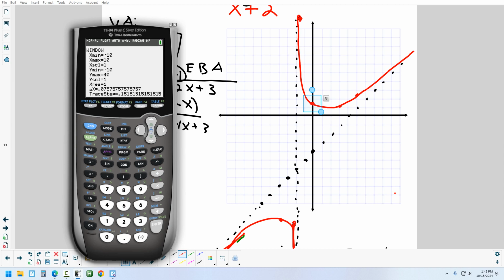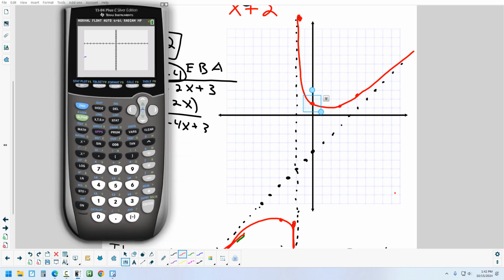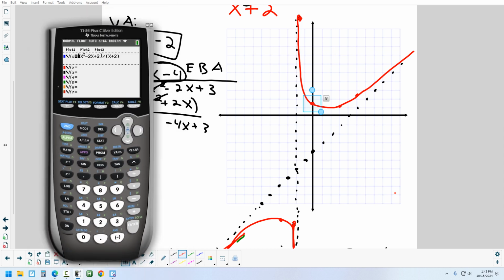If you go to your window and set your y min at like probably -30, and you could probably keep that at 15, I think you'll see an okay. Yep, so there's the bottom part, and then there's the top part. And if you type in the EBA, you can check it and make sure that it looks like it's getting closer and closer.